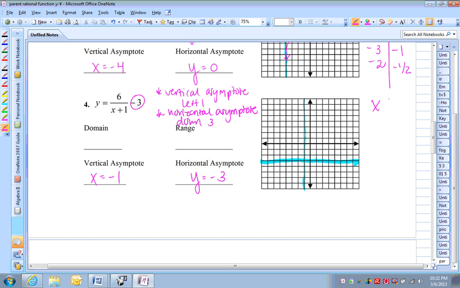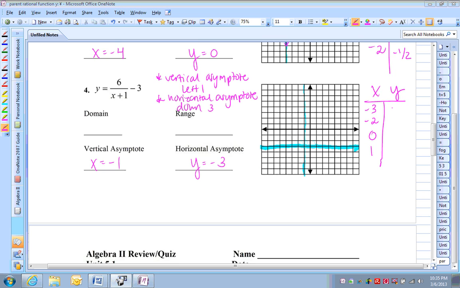I come over to my table and make a table with x values that have 2 left of the vertical asymptote and 2 to the right of the vertical asymptote. So I'm going to choose negative 3 and negative 2, and 0 and 1. And when I plug those into my function, the original equation, the values that I get are the following.